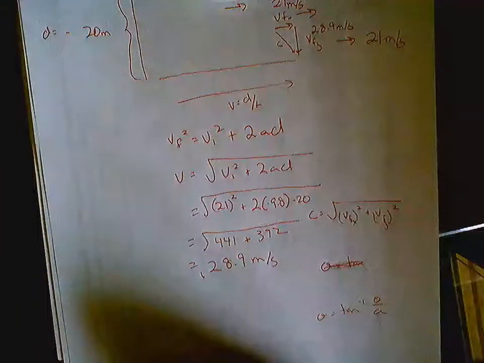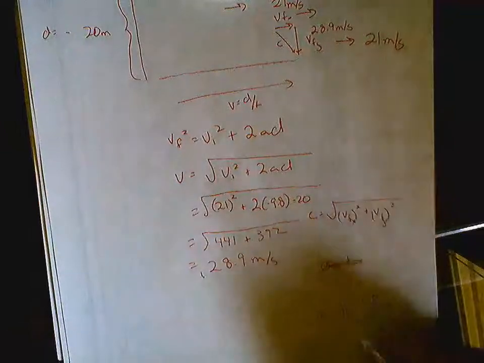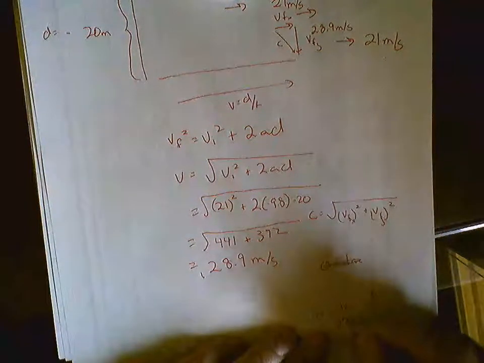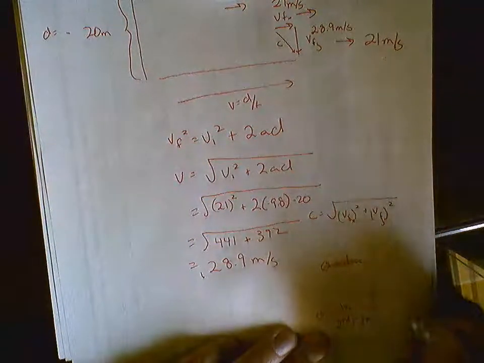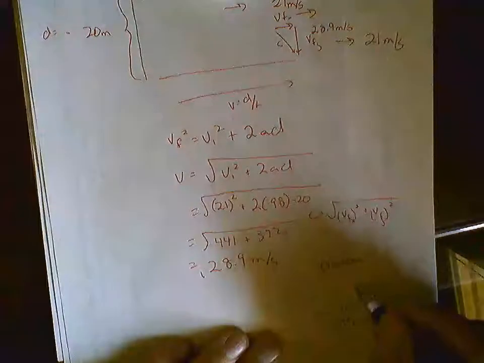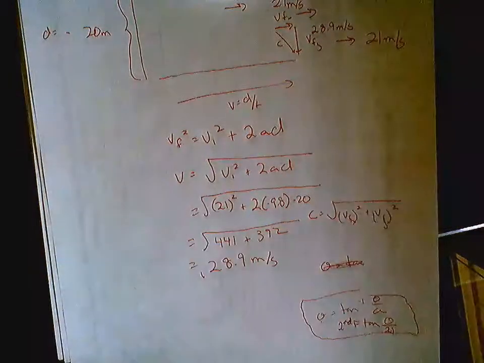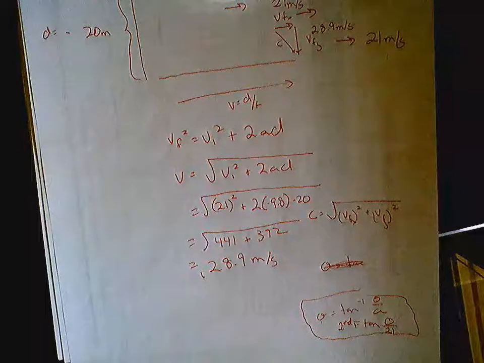You would also have to get a theta value, and theta is going to be equal to the inverse tan of opposite, which would be 28.9, over the adjacent, which is 21. This is probably the most complicated thing that you have to do right here.